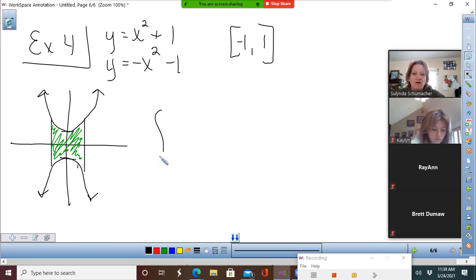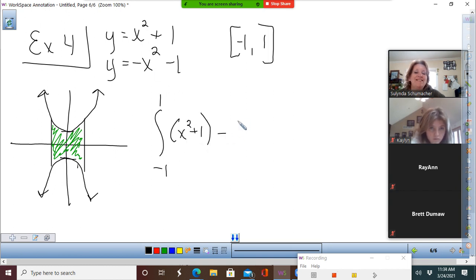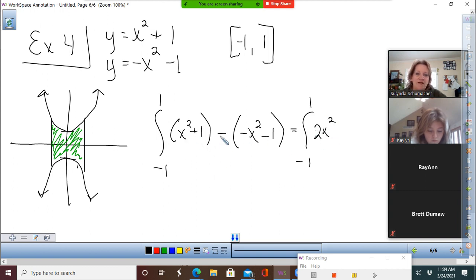When we do our integral, we're going from negative 1 to 1 of the top curve, which is the one that opens up. That's the x squared plus 1 minus the bottom curve, which is the negative x squared minus 1. We can simplify that up and say we have the integral from negative 1 to 1 of 2x squared, right, if I distribute my negative, plus 2.